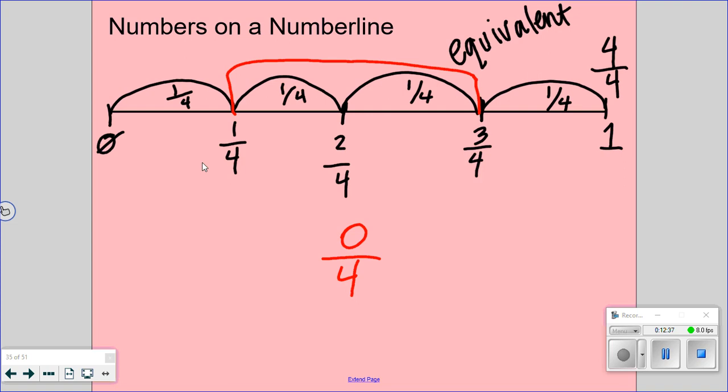Go for it, Addison. What else could be a story that matches that? I had 4 pieces of pizza. I ate none of them. Sure. Connor, go for it. I have 4 slices of a pizza.